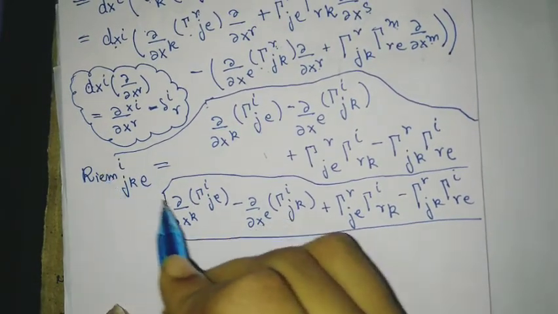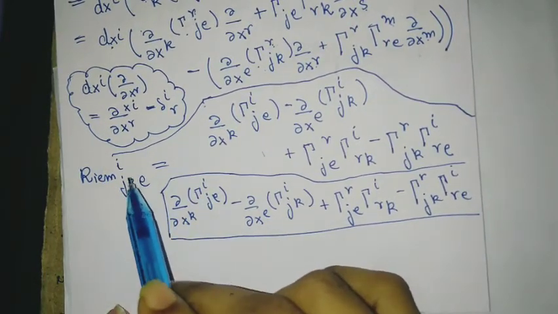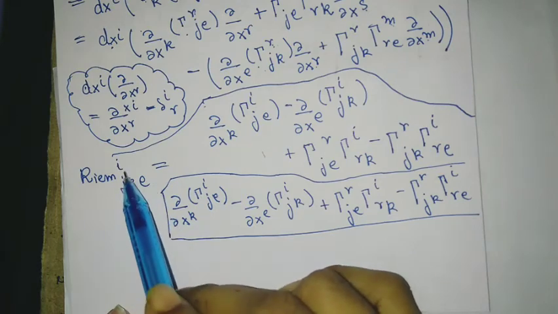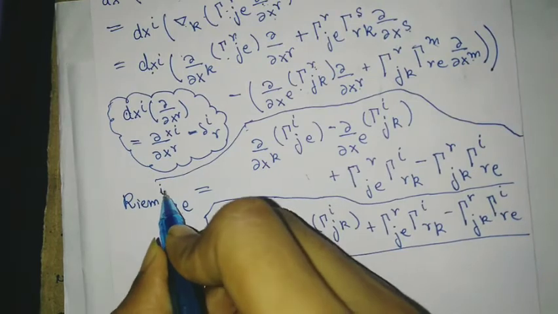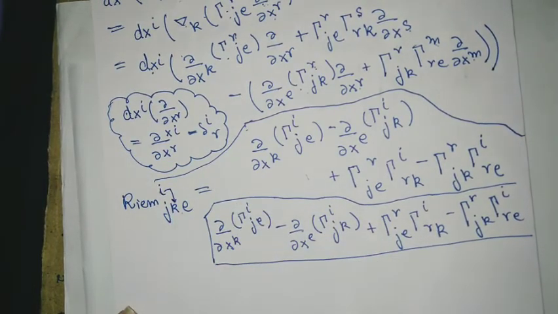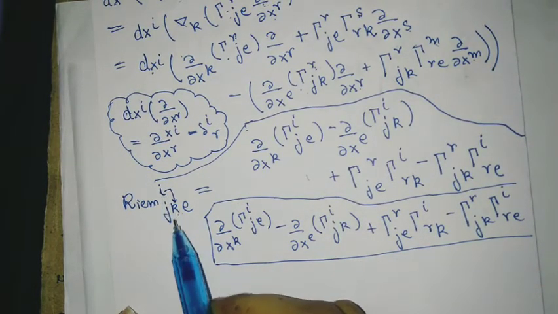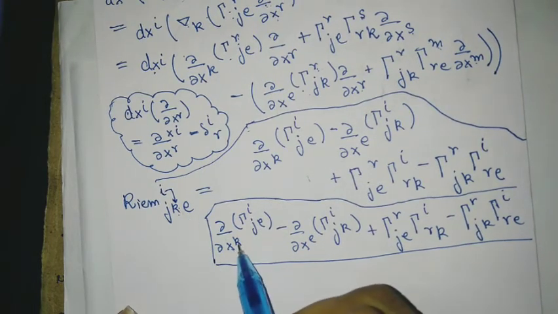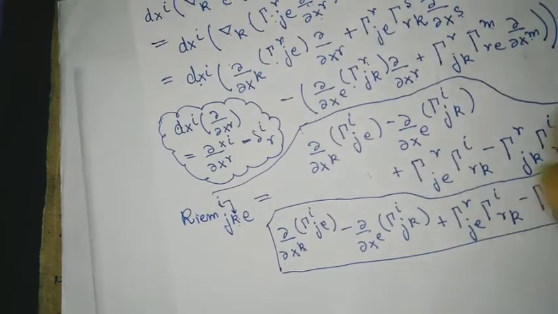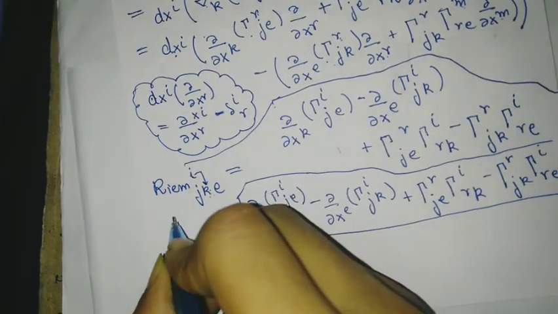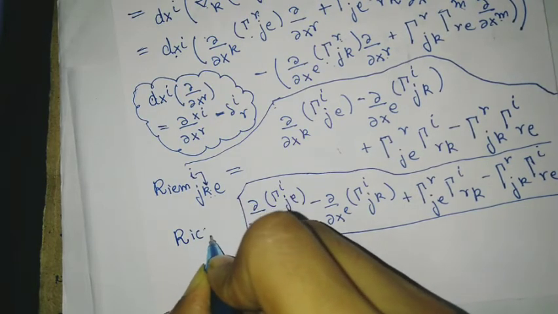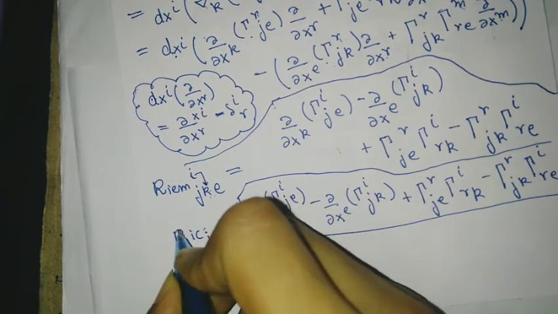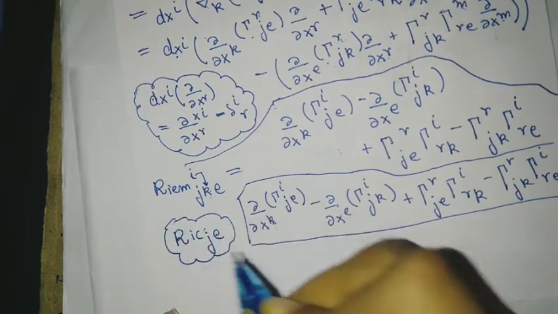Now you can use this same formula to find the Ricci tensor. You can just contract in this index here. You can substitute everywhere i, like k equal to i, and then sum over those i's to get the Ricci tensor. So you will get R_j l.